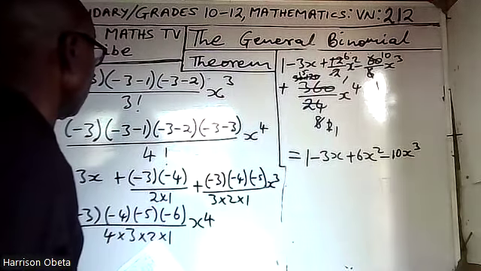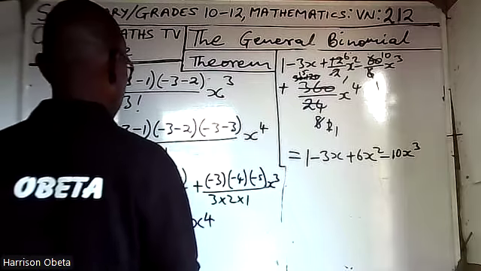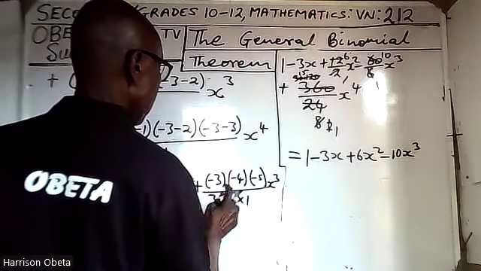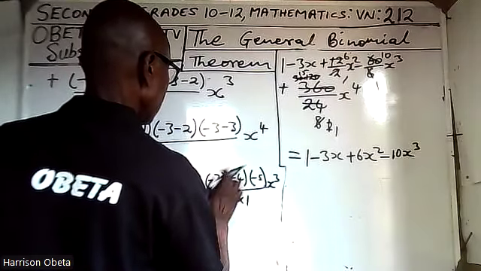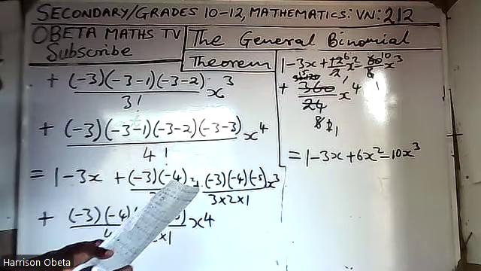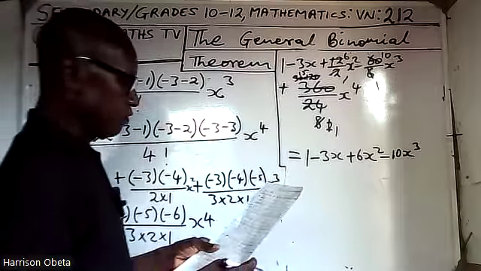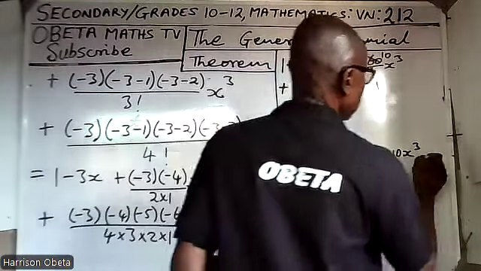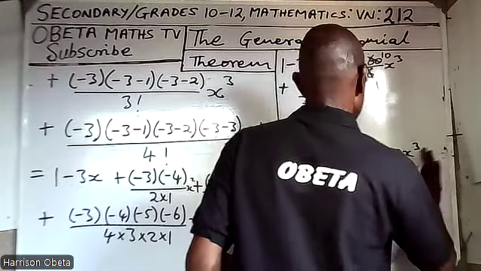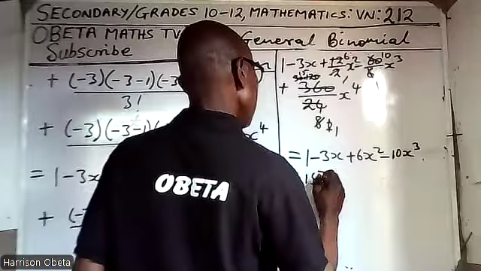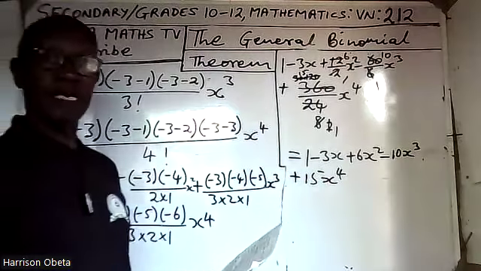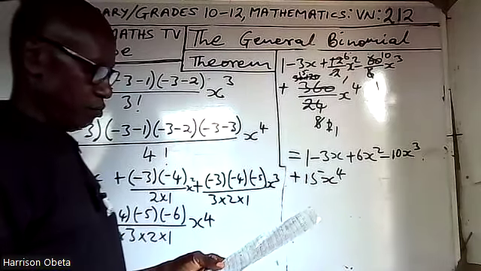This is x raised power 2, this power 3. So it should be minus 60. That will give us minus 10x raised power 3, plus 15x raised power 4. So that is the final answer.